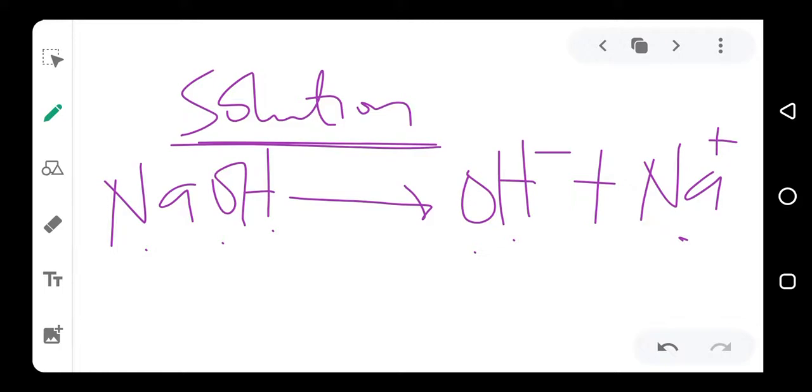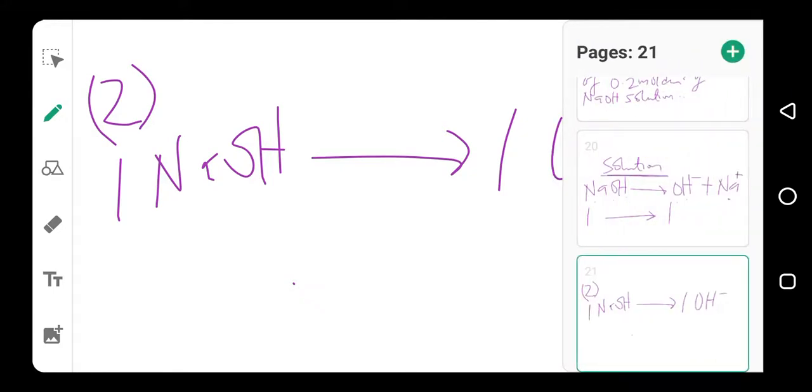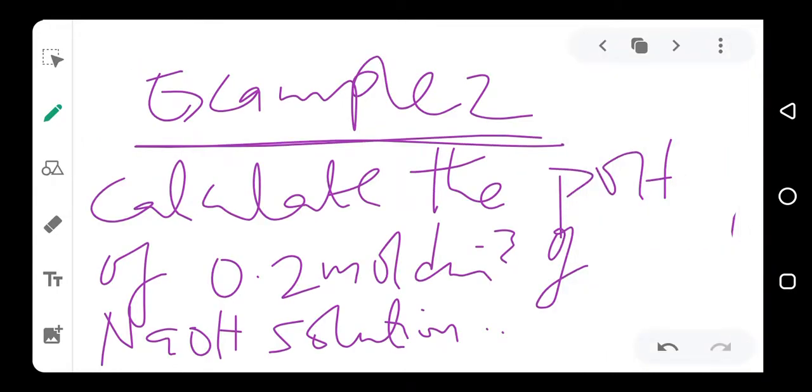From the ionization equation, we have that 1 mole of sodium hydroxide gives us 1 mole of hydroxyl ion.